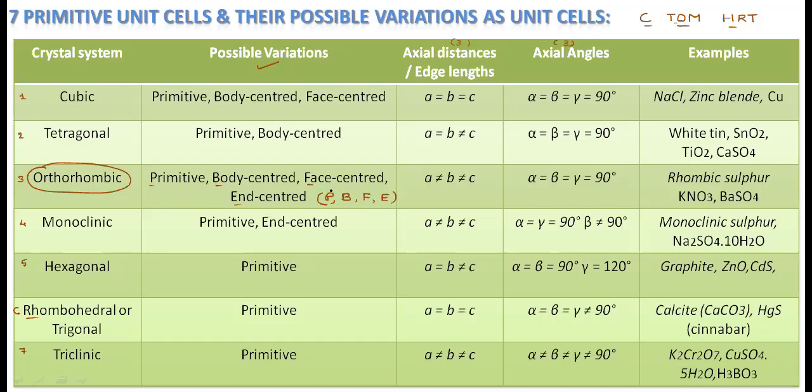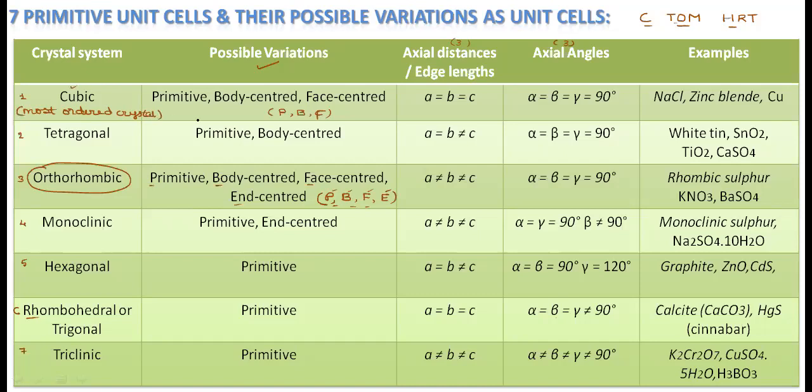You can remember the PBFE code: primitive, body centered, face centered, and end centered. Now, leaving the last one, PBF, you can go for the first crystal system to remember, cubic, which is the most ordered crystal system. The cubic system is considered the most ordered crystal system among the 7.